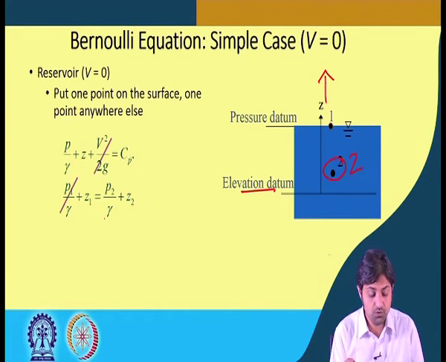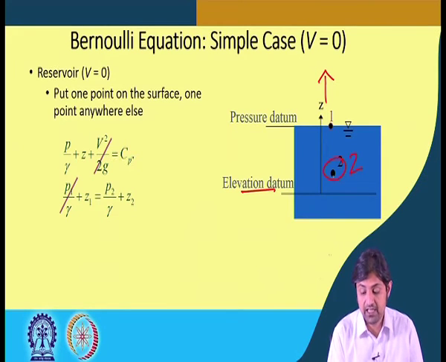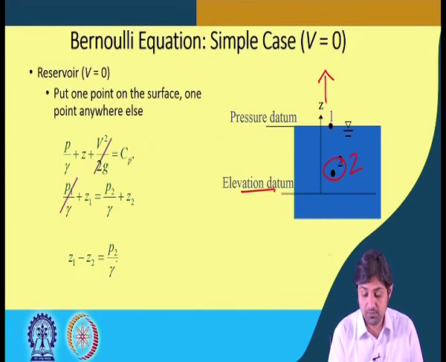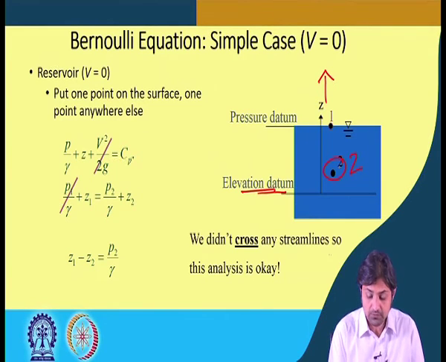We also know that P1 is a gauge pressure and this is a pressure datum, atmospheric pressure. So P1 will be 0, right? So we can write Z1 minus Z2 is equal to P2 by gamma, because the elevation datum is here, so point 2 is anywhere.